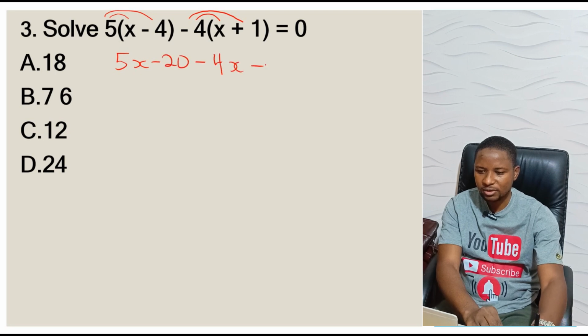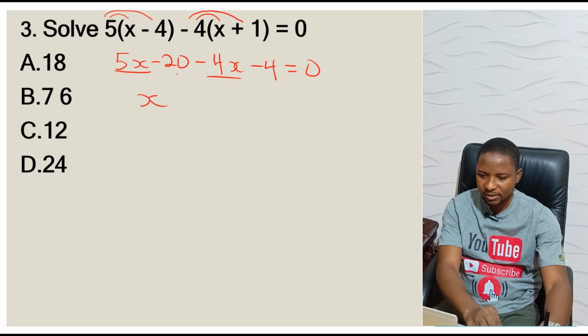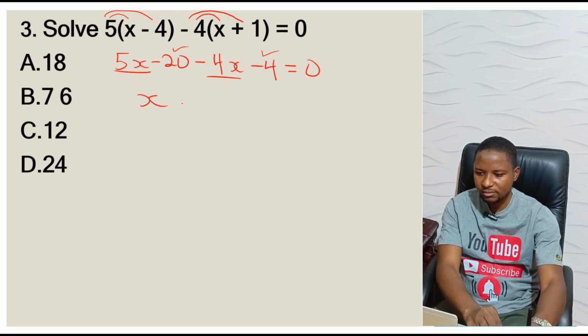In the second bracket you have minus 4x minus 4 equal to 0. These are the x terms, so 5x minus 4x will give you x. And minus 20 minus 4, both of them are negative, so you add them together and keep the negative sign. That's minus 24 equal to 0.